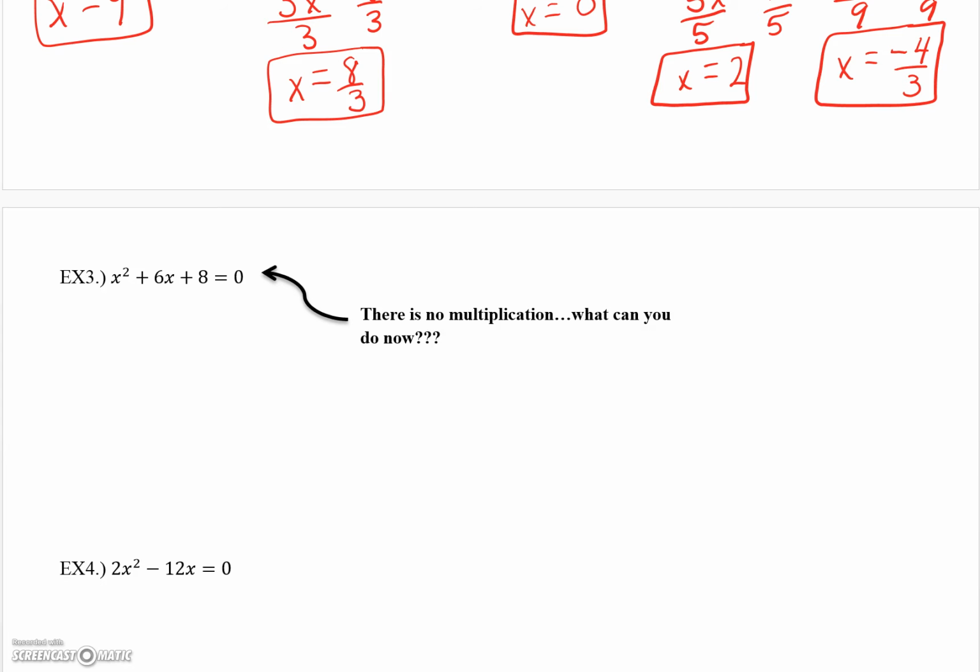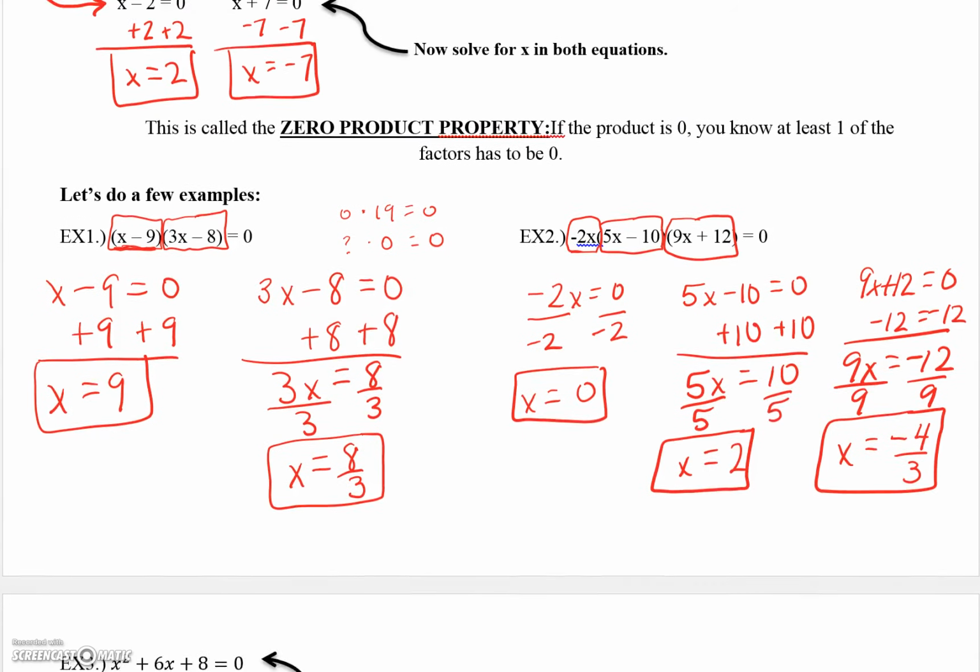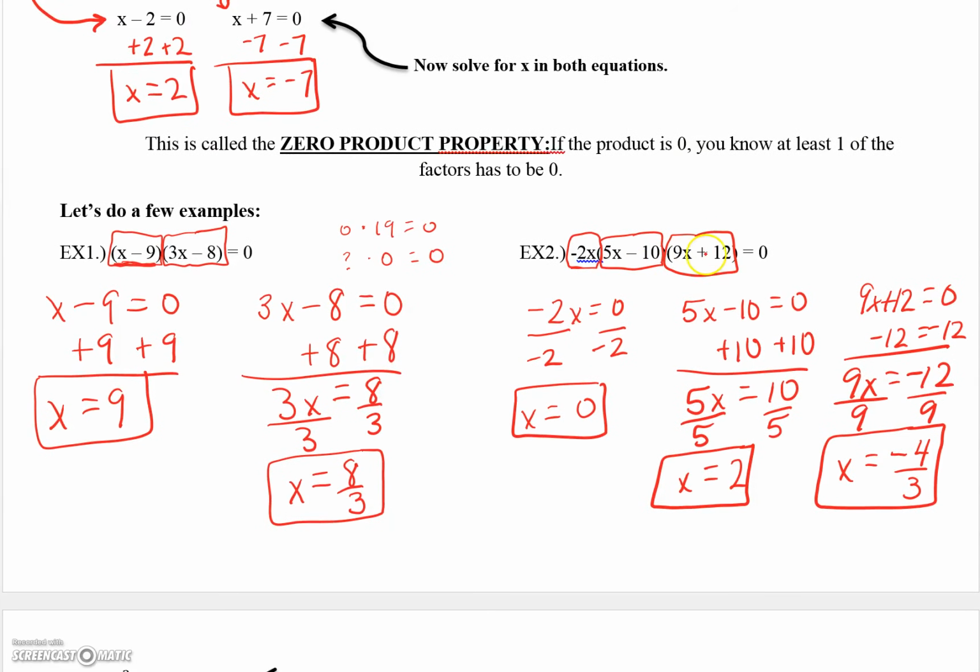You'll notice again it's equal to 0, so the directions are telling me to solve. But as we talked about up above, because we had x 3 different times or 2 different times, that decided how many answers we had. But if you take a look at example 1 and example 2, you notice that all of the x's are raised to the first power.